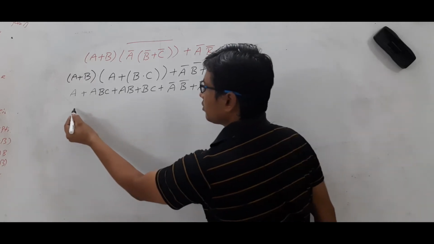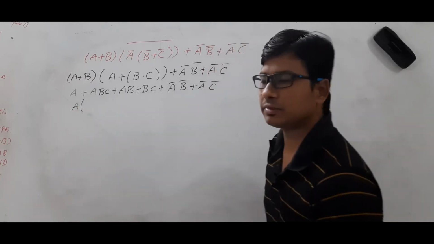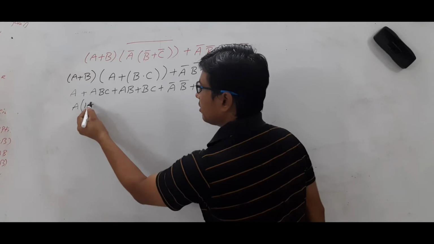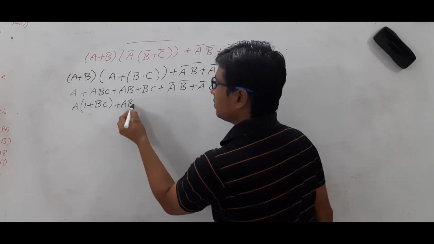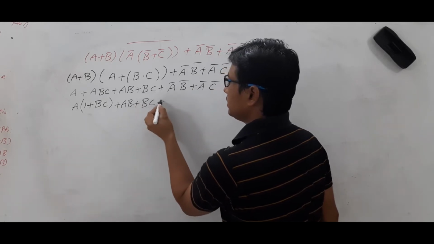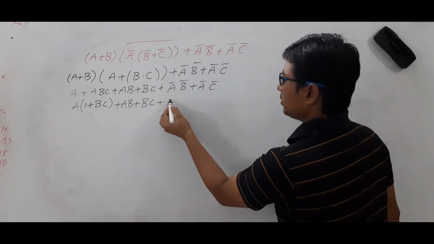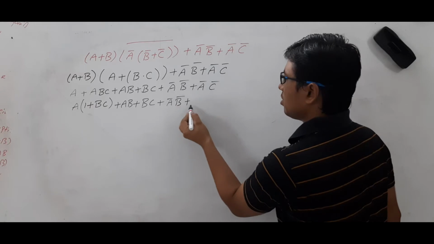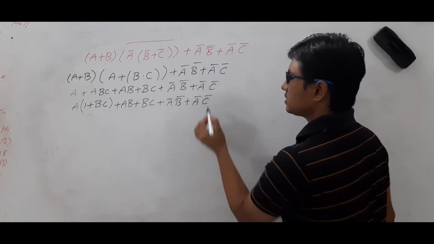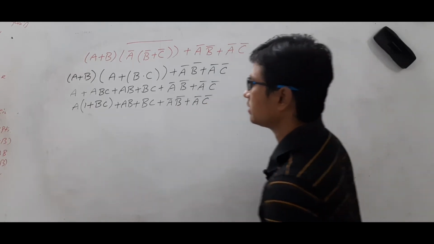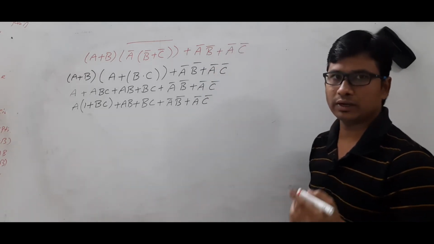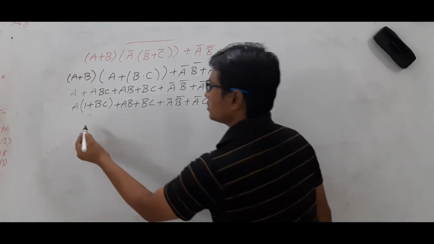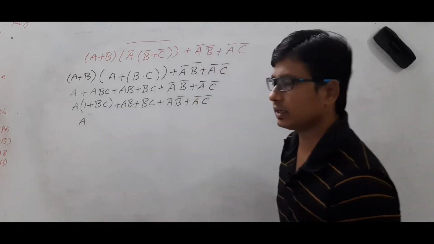If I take A common, this will be A(1 + C + B + BC). Is it clear? So 1 + BC will be what? 1 only. Am I right or wrong? So this will be completely A.